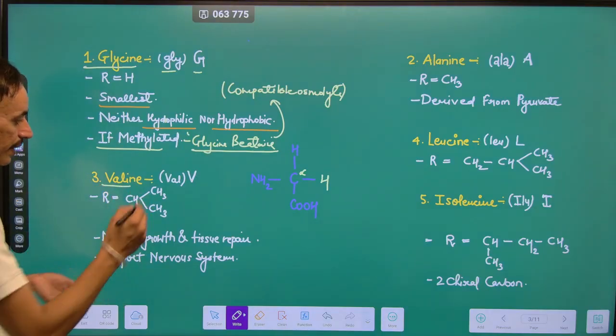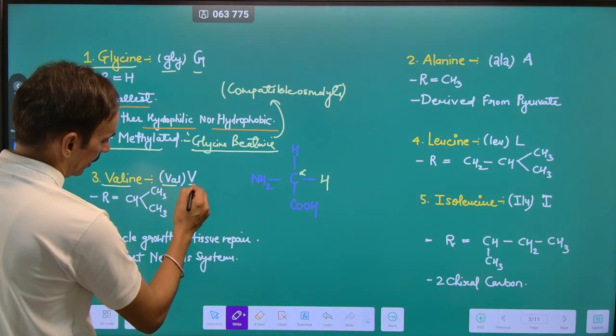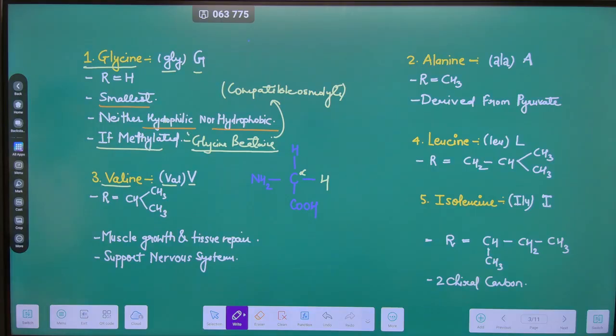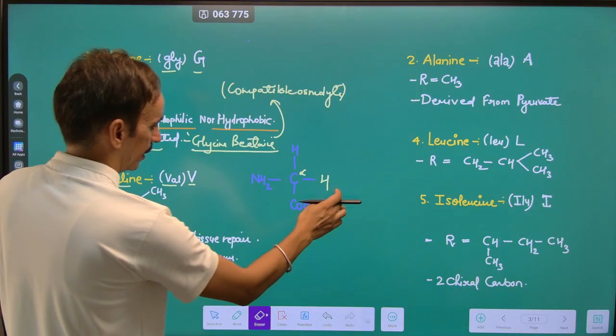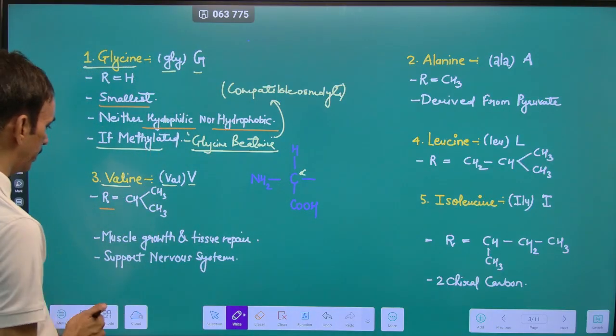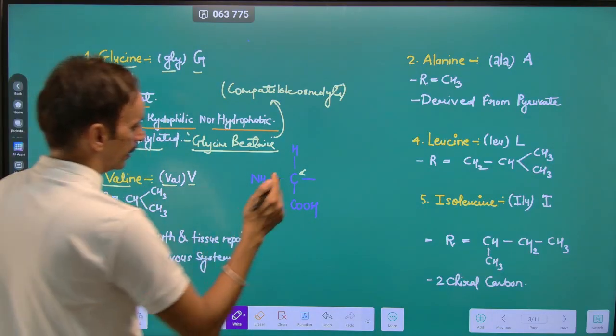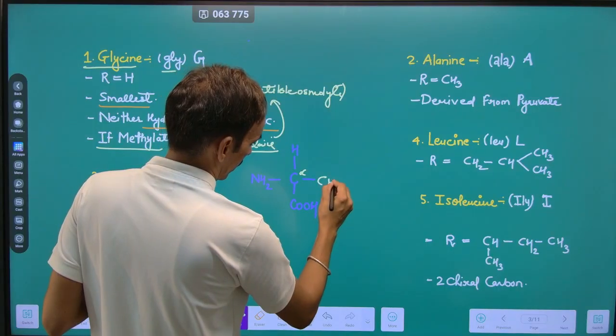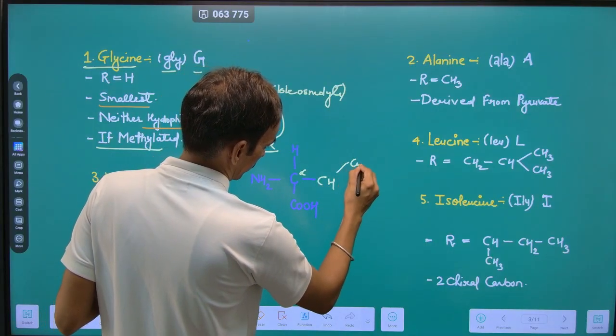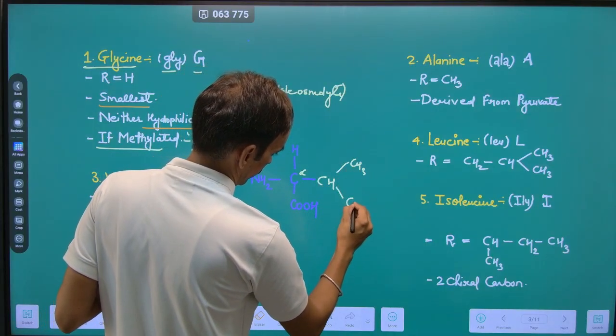Next is the valine. Valine is abbreviated as VAL, and it is denoted by the alphabet V. The R chain of valine contains this. Simply we can put the value of R, that is CH3 and CH3.